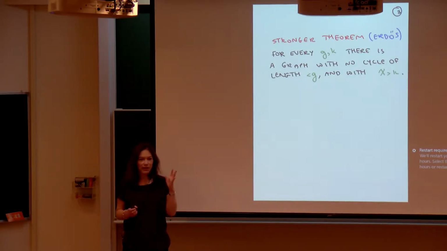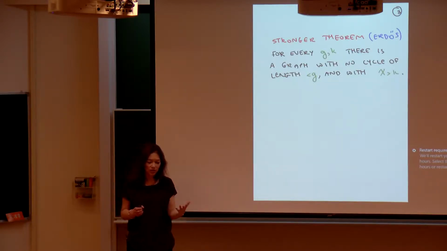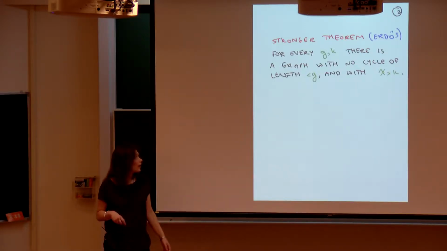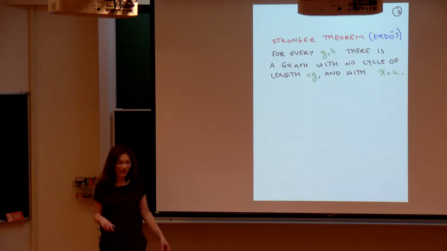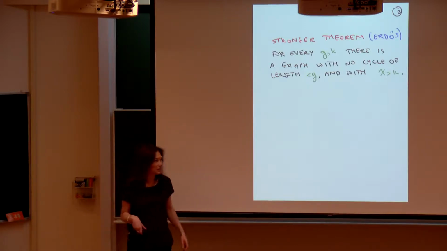You can construct graphs with arbitrarily large chromatic numbers and no cycles of length less than 100, or no cycles of length less than 1,000, however long you want. And of course, if you don't have a cycle of length less than 1,000, you don't have triangles. So it's still true that the clique number is 2 and the chromatic number is arbitrarily large.